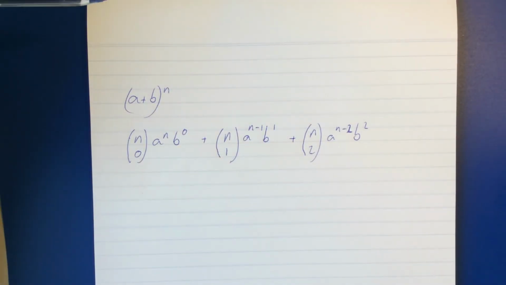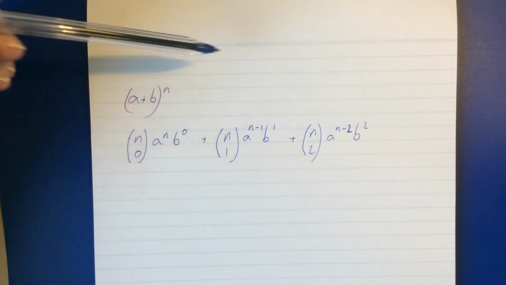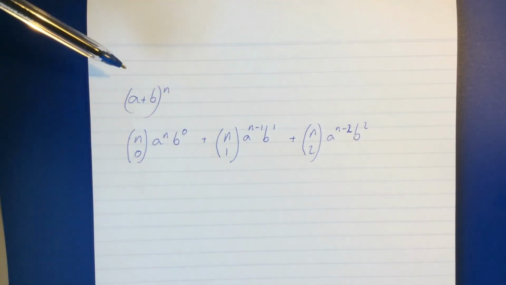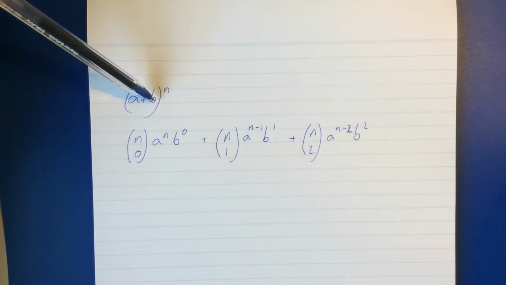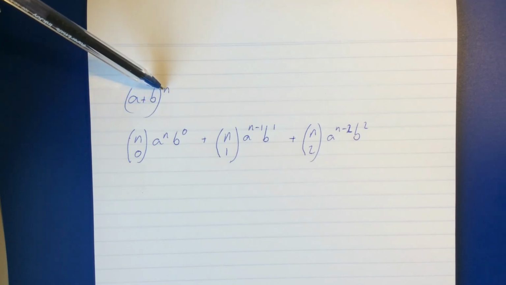Okay, we're in the last lap of this exercise, and here's a slimmed down version of the algebraic expression of binomial theorem. So we have a binomial expression, a plus b, and we raise that to the power of n.